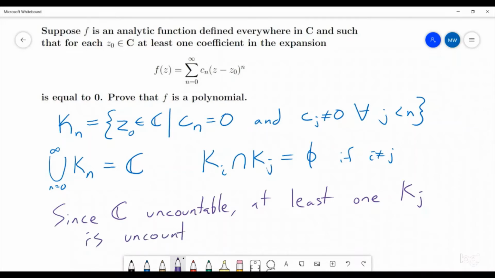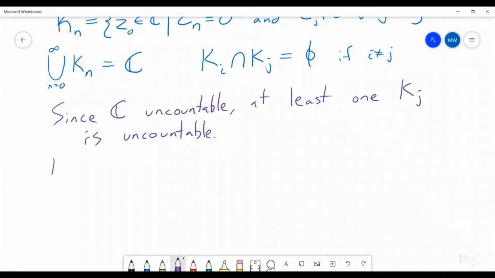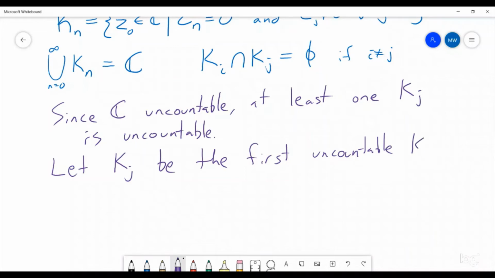Okay? So we are going to just look at the first one. So let's let k sub j be the first uncountable set.